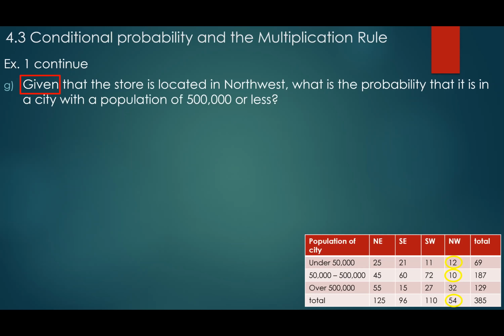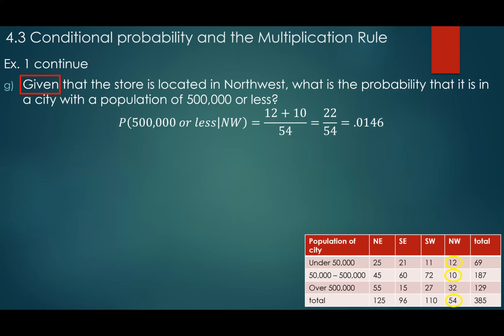This one here, they are greedy, they want to test under 500,000 or less, which is, do you agree that there are 22 stores located in a city with less than 500,000 people, right? Basically you take the 12, you add the 10, and you divide by the total of the Northwest, okay?